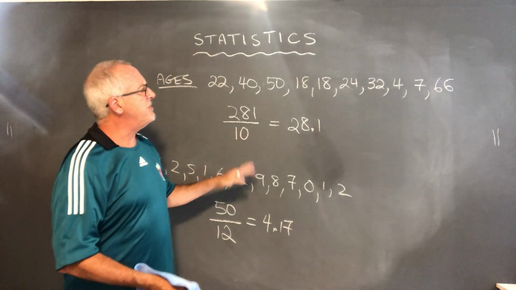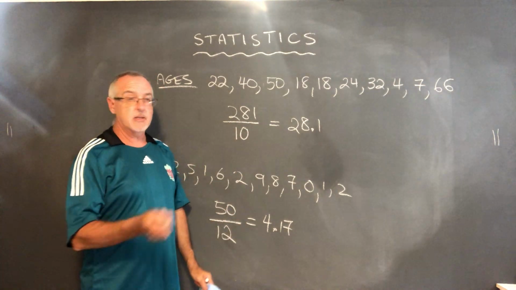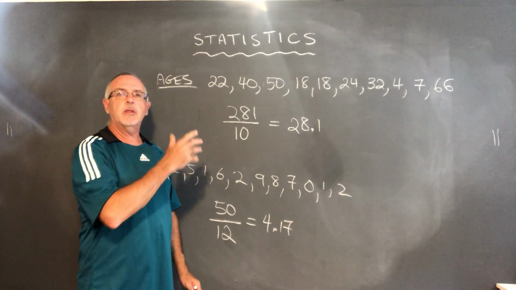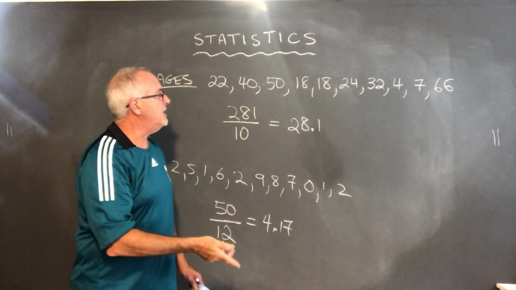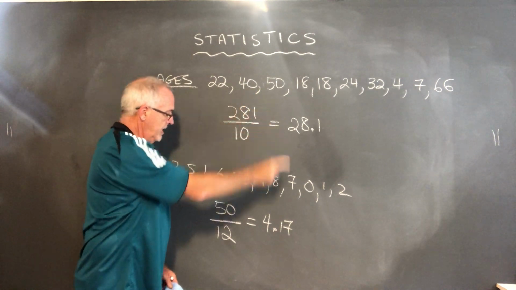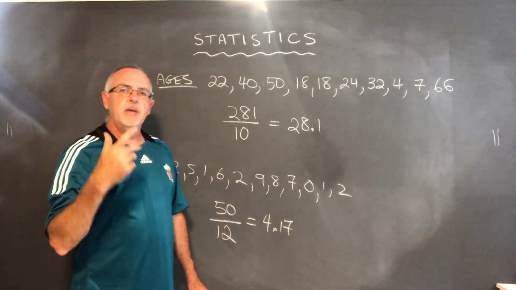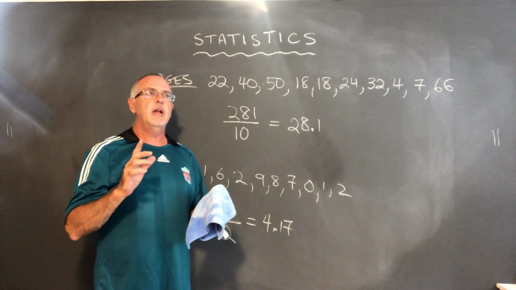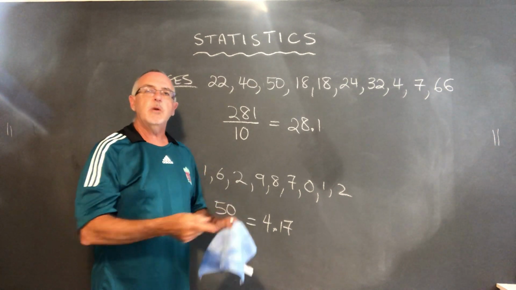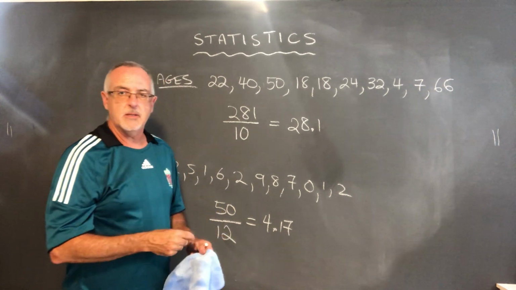Well, one of the things about mean, one of the things about statistics is to talk about the sample size. How many data points do we have? Well, here we had 10, here we had 12. The thing about learning these tricks with statistics is the tricks still work when you have much larger sample sizes than this.